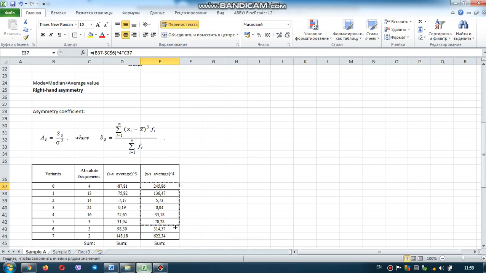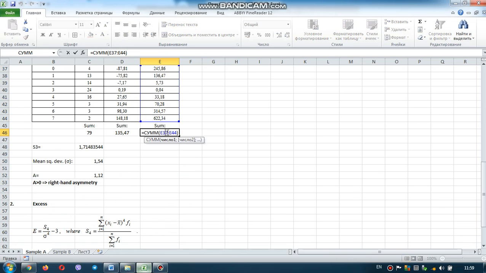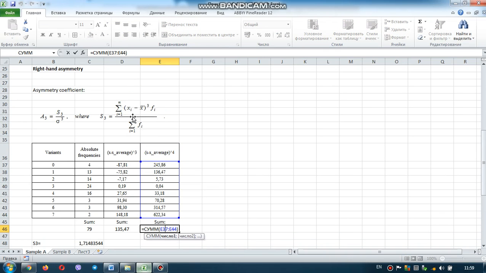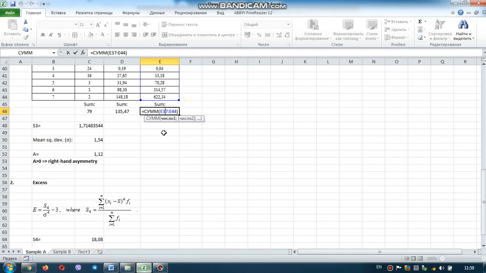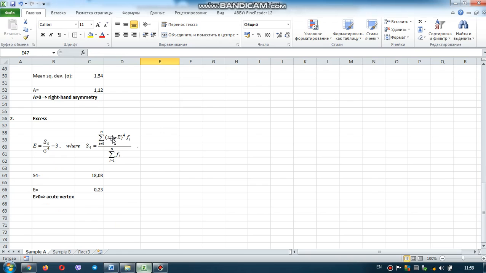And we just multiply these values and calculate the summary value, and then determine the E value.